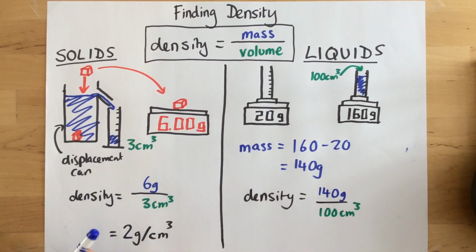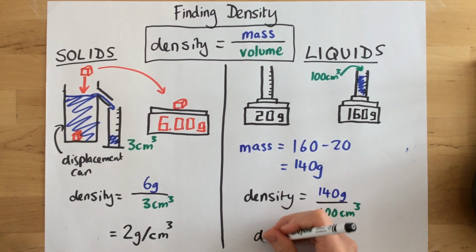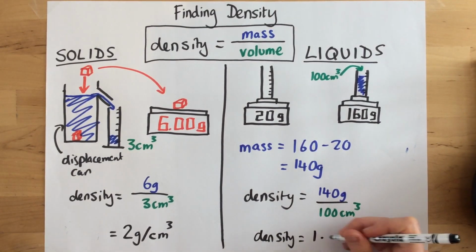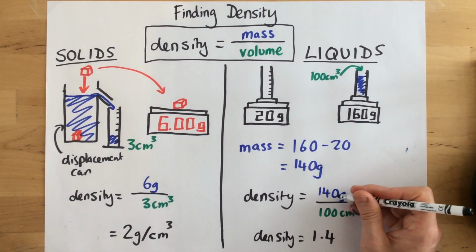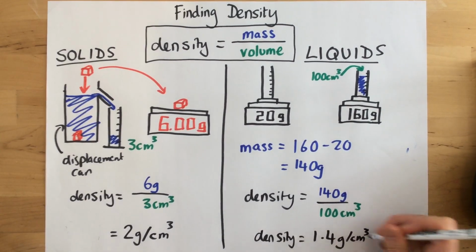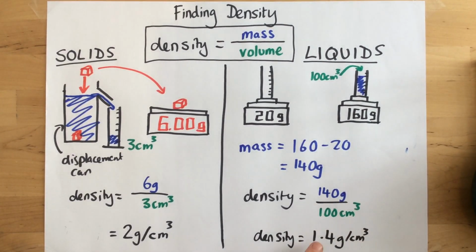So therefore, my density is 1.4. 140 divided by 100 is 1.4 grams per centimetre cubed. It has a slightly higher density than water because the density of pure water is exactly 1 gram per centimetre cubed.